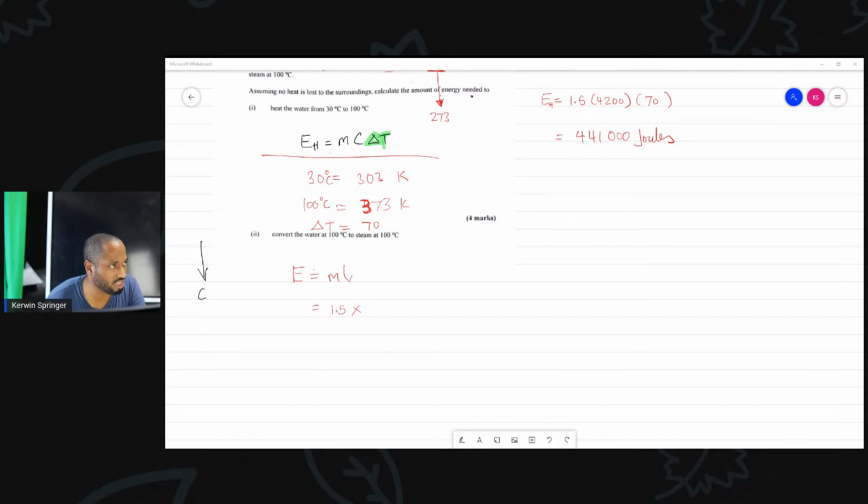Or they give you 2.3 times 10 to the power 6, or 2.25. Whatever they give you, you're going to use that value, in joules per kilogram. Let me just assume it was 2.3. I've seen somebody say 2.3. It could be 2.252 by 10 to the power 6 joules per kilogram. And that's going to be your energy there.